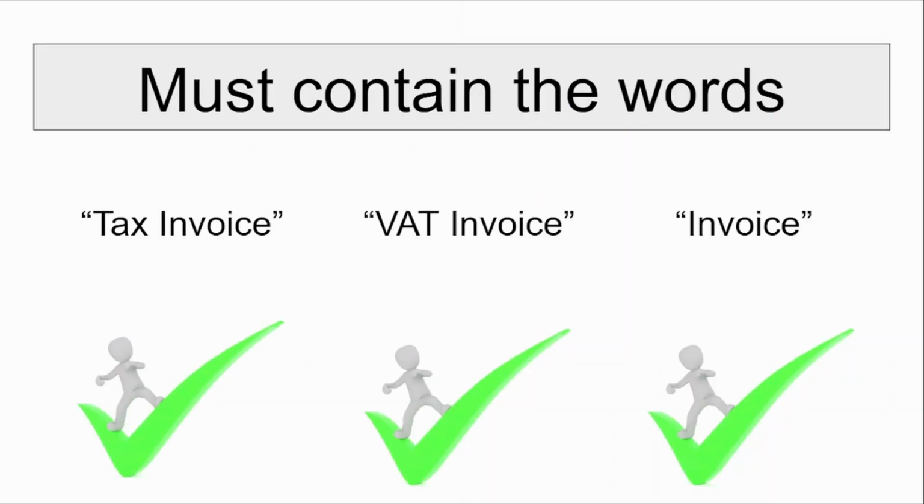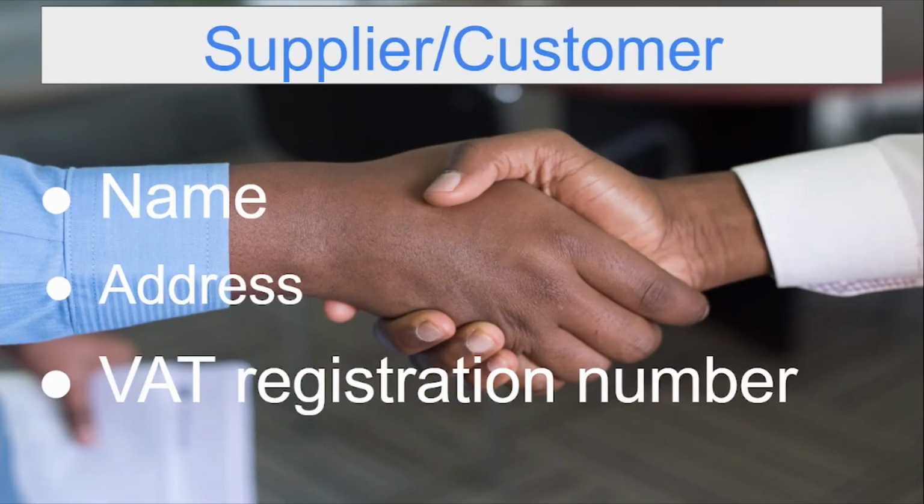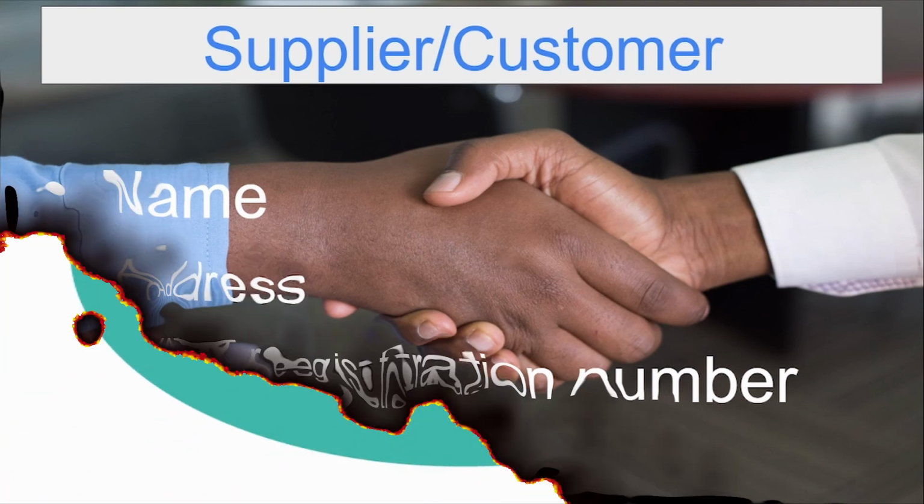It must contain the word tax invoice, VAT invoice or invoice. It must contain the supplier's name, address and VAT registration number. It should also contain the customer's name and address, and where the customer is a VAT vendor, their VAT registration number should also be on the tax invoice.